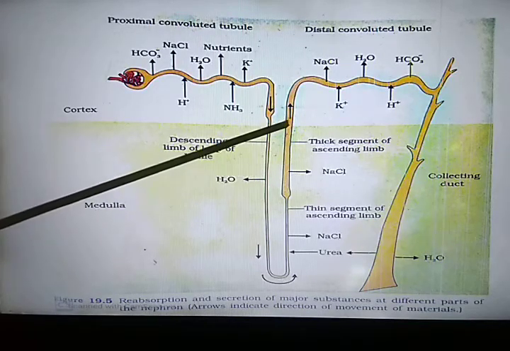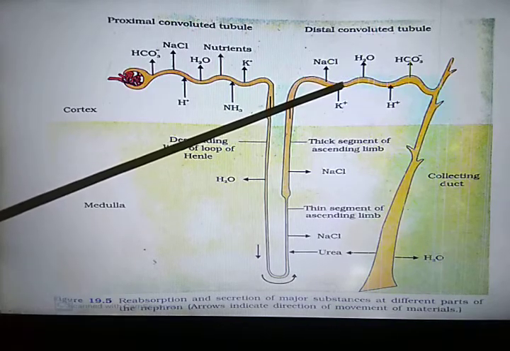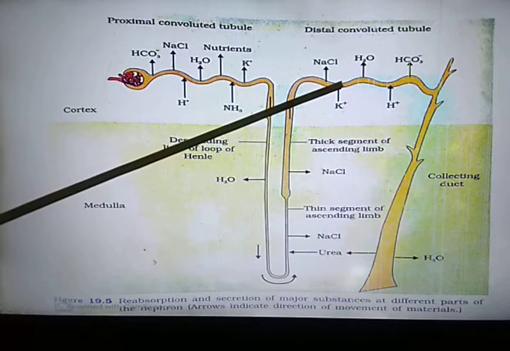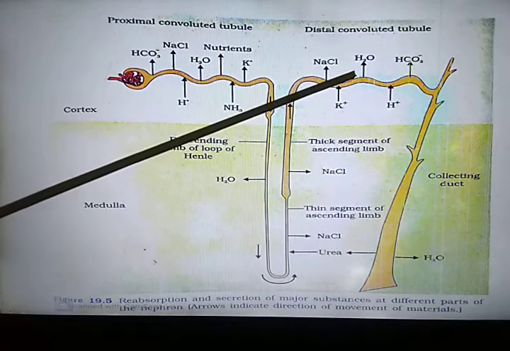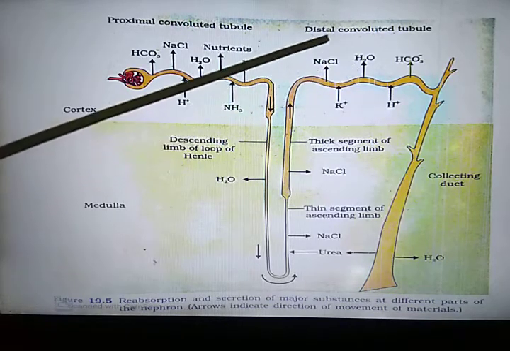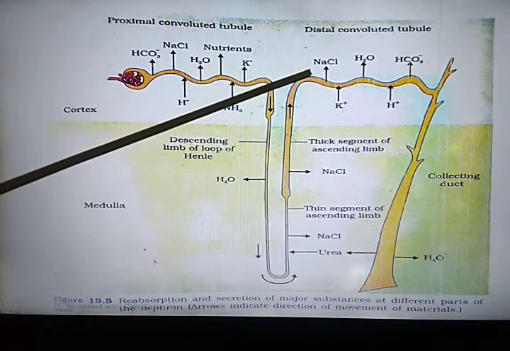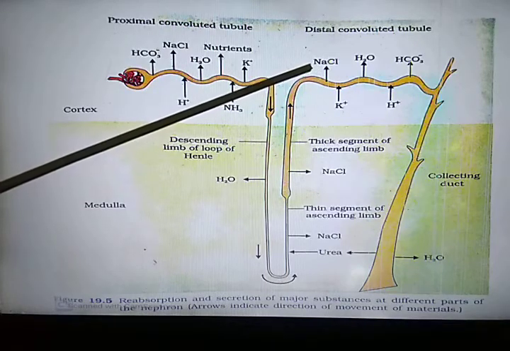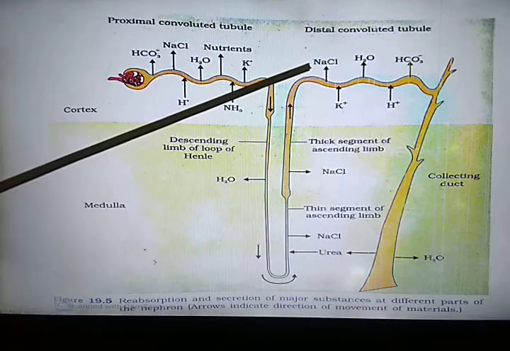Now this filtrate reaches the distal convoluted tubule. I told you earlier, in the distal convoluted tubule, conditional reabsorption of sodium ion and water takes place. Conditional reabsorption of sodium ion takes place only under the influence of the hormone aldosterone, which is released by the adrenal glands.